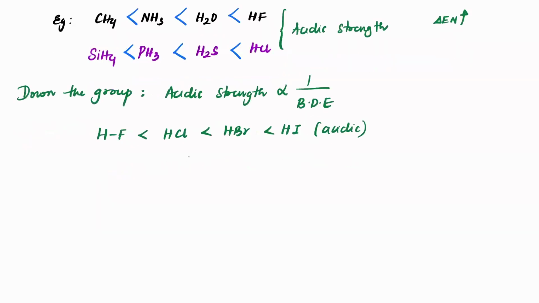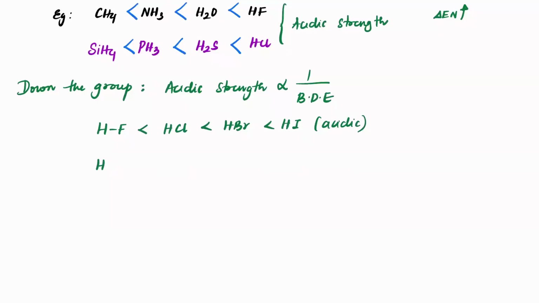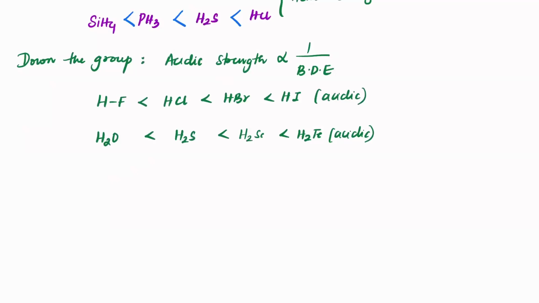The same follows for the other group also. For example, H2O is a weaker acid than H2S, which is weaker than H2Se, which is weaker than H2Te. This is the acidic strength. Same goes with ammonia also.